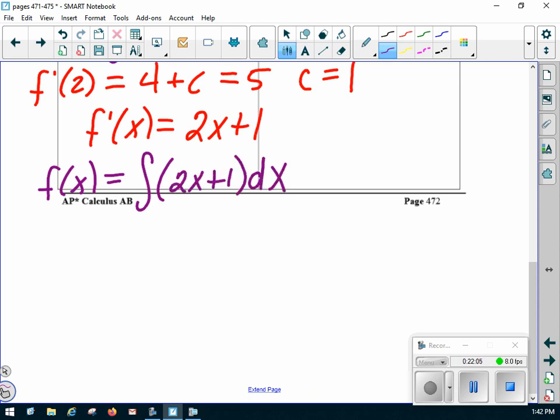Now I'm going to really watch. I'm going to make sure you make your notation right. What's this going to give us? X squared plus x plus c. Good.